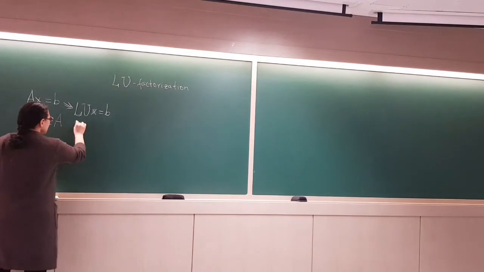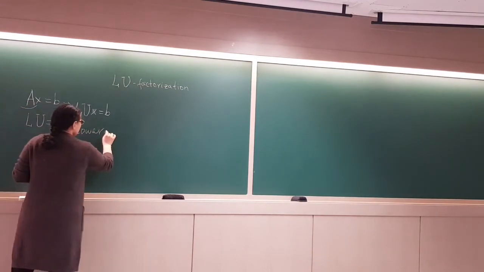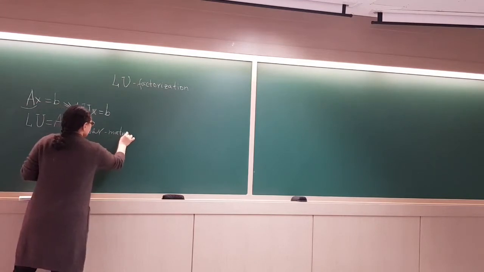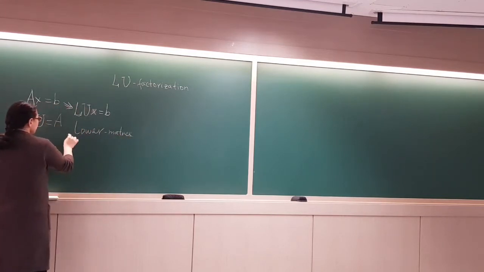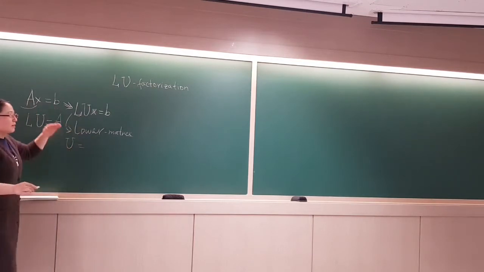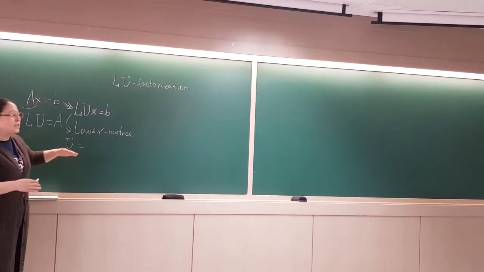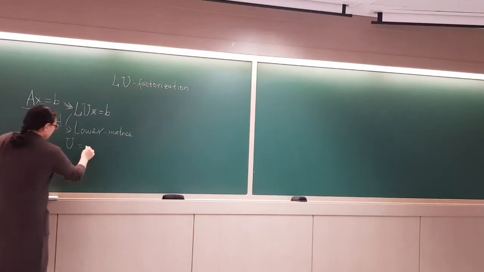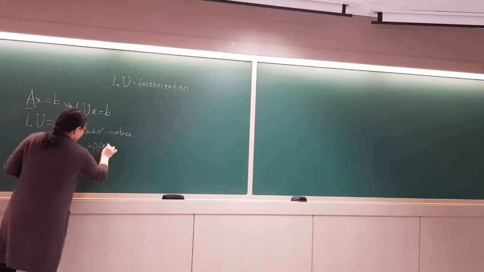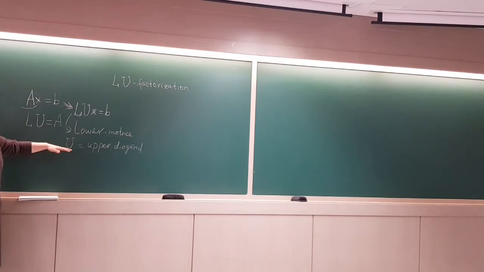L is a lower matrix, meaning under the diagonal. U is an upper diagonal matrix. What does lower and upper mean? We just have one matrix, and we divide it into two.